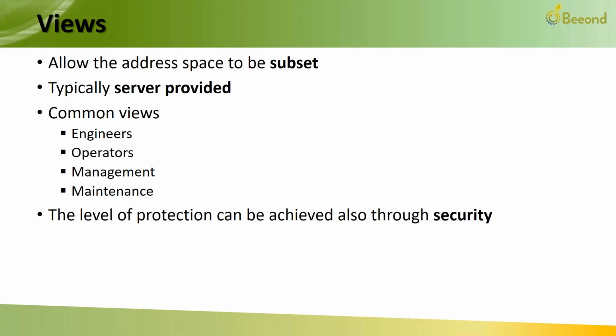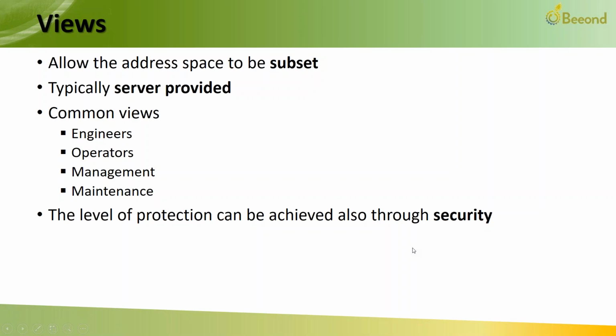The views is a particular aspect of information modeling that allows the address space to be represented as a given subset. And usually a server might implement views so that a client will see a different organization of the address space depending on, for example, who connects, who is the user that connects to it.